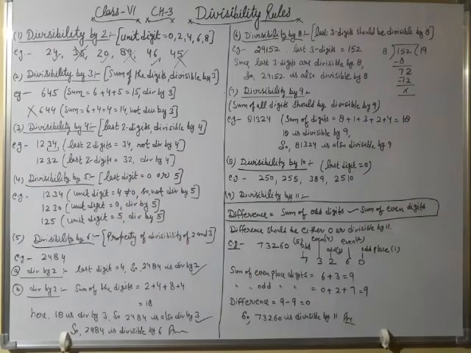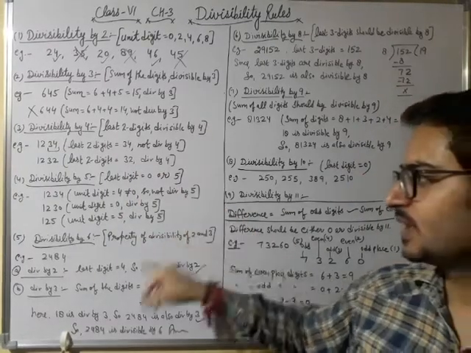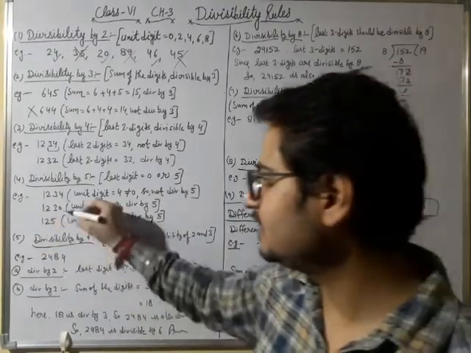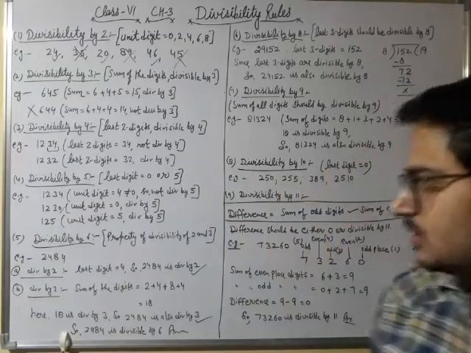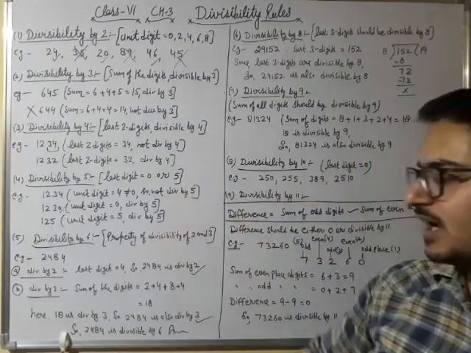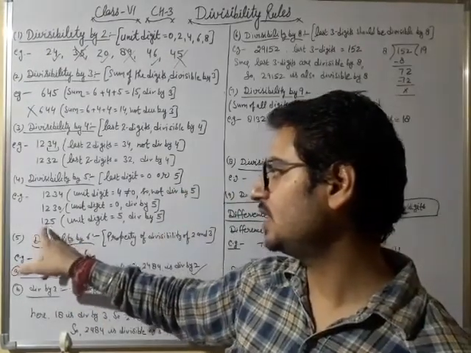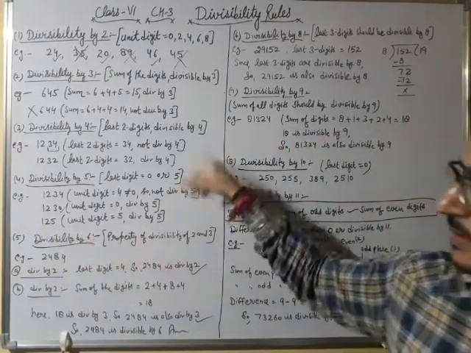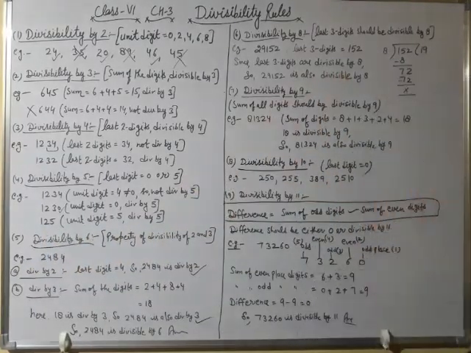So the number is not divisible by 5. In the next example, 1230, the unit digit is 0 here. Therefore, it is divisible by 5. And the next example, 125, its unit digit is 5. So this number 125 is divisible by 5.